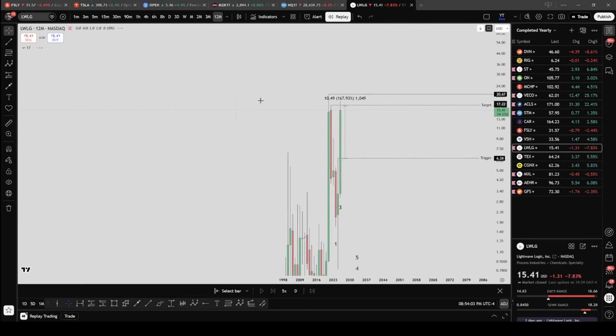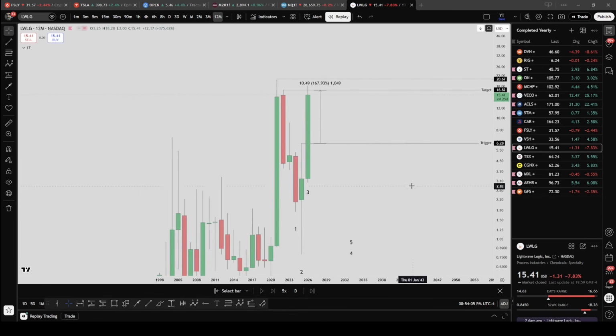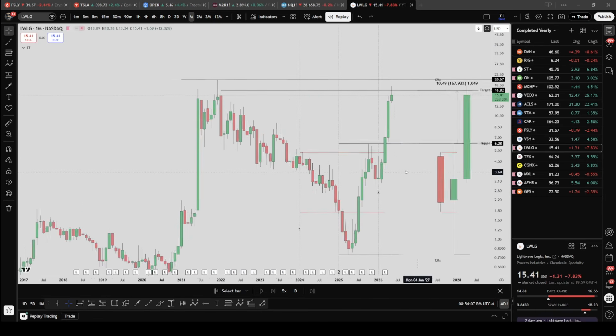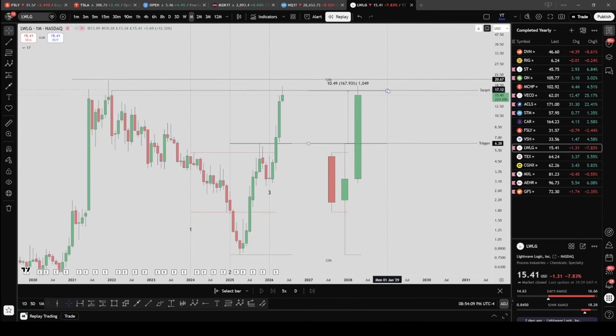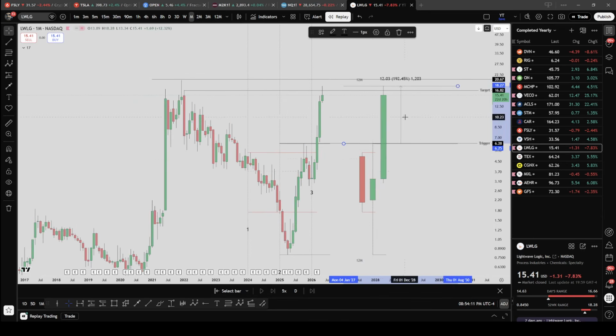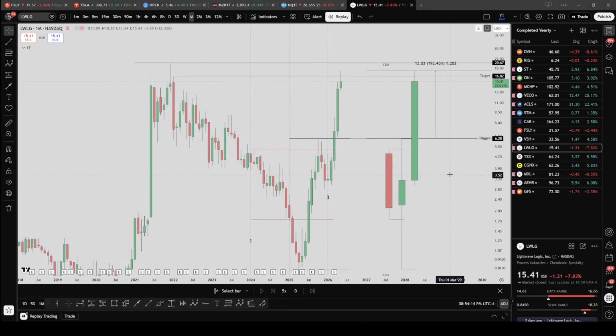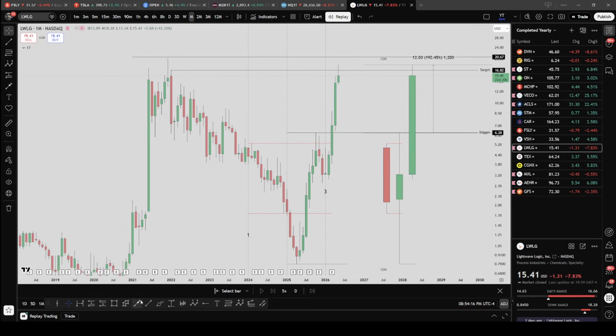LWLG, really nice looking chart. Now, I will say not all 3 candlestick patterns are created equal, and what I mean by that is if the reversal candle has a top wick, that is not really ideal for me, because you have a sell wall, so it's kind of trappy.